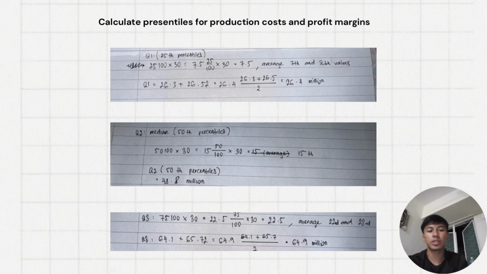So we average the 22nd and 23rd values: Q3 equals 64.1 plus 65.7 divided by 2, equal to 64.9 million. So the percentiles for production costs are Q1 is 26.4 million, Q2 is 48.8 million, and Q3 is 64.9 million.